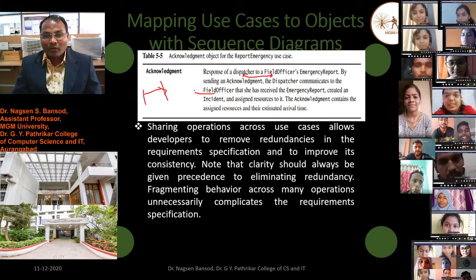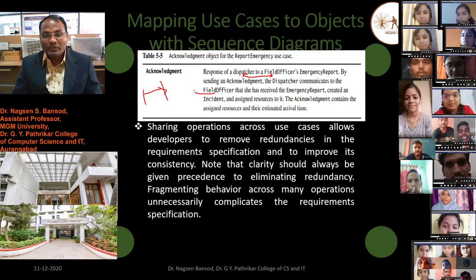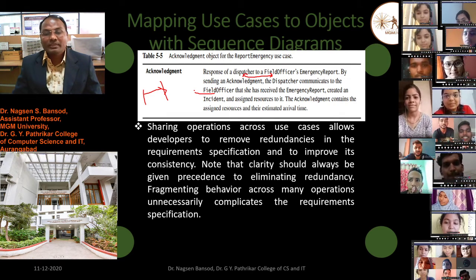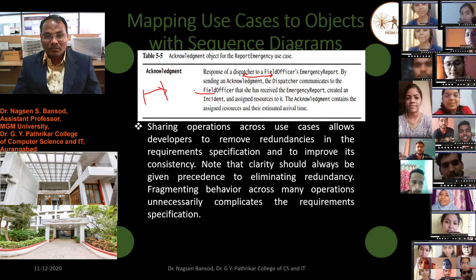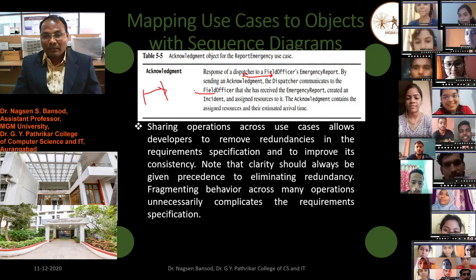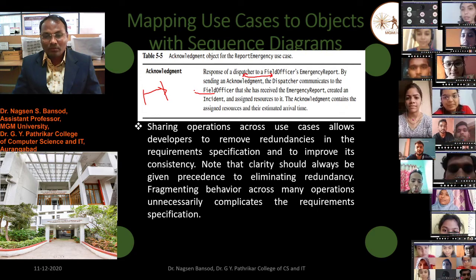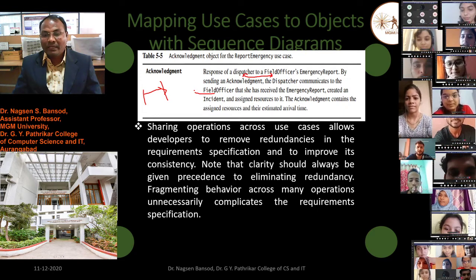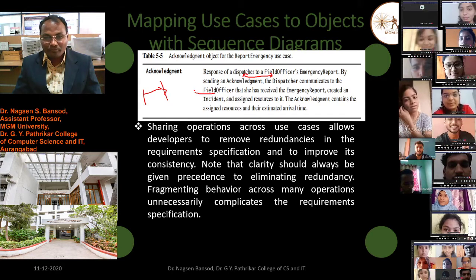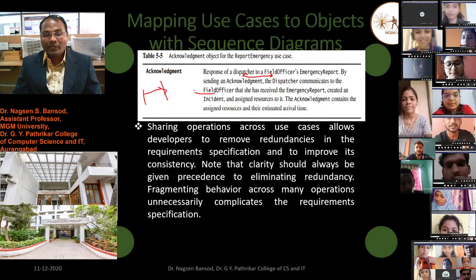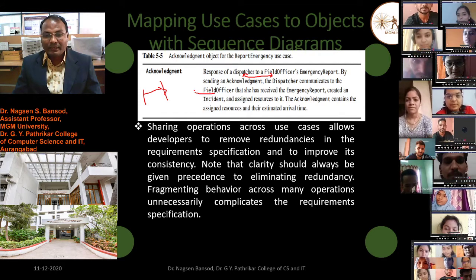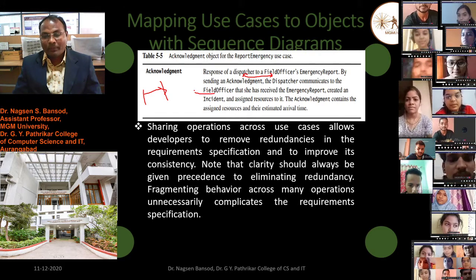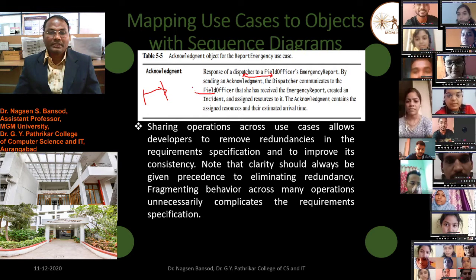Sharing operations across use cases allows developers to remove redundancy in the requirement specification and to improve its consistency. Note that clarity should always be given precedence over eliminating redundancy, and fragmenting behavior across many operations unnecessarily complicates the requirement specification.